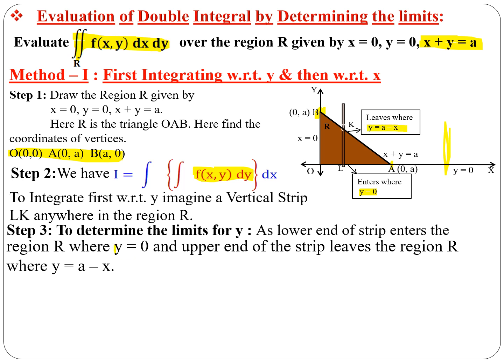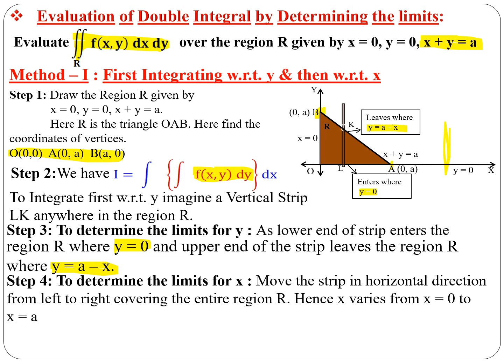So the lower limit of y is y equal to 0, and the upper limit of y is y equal to a minus x. Now we have to find the limit for x. To find the limit of x, we have to move the strip horizontally, so we find the value exactly at the left side and right side of this strip.